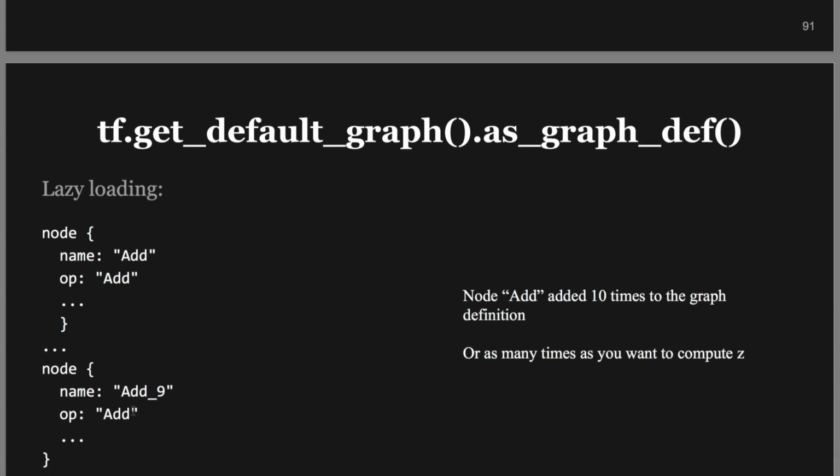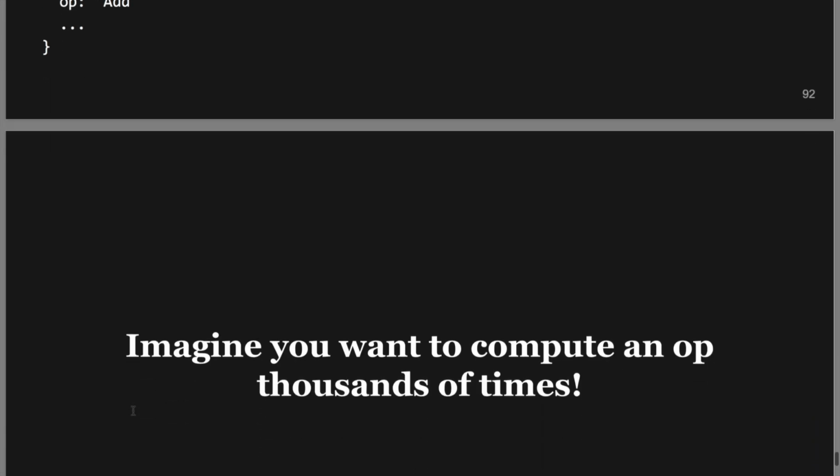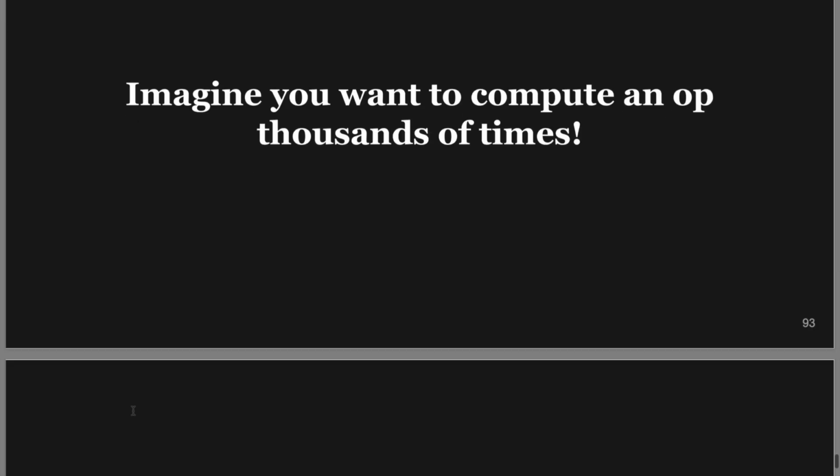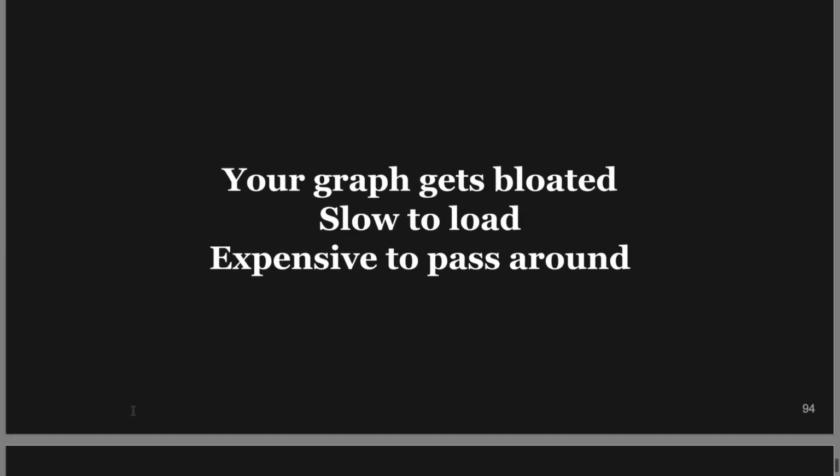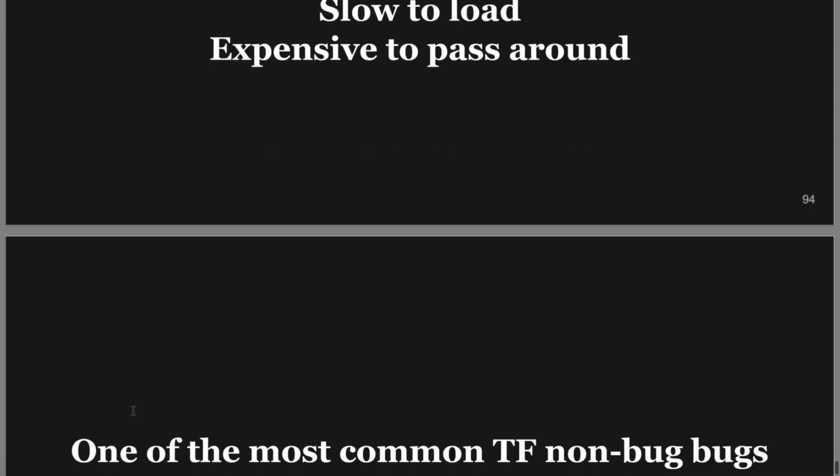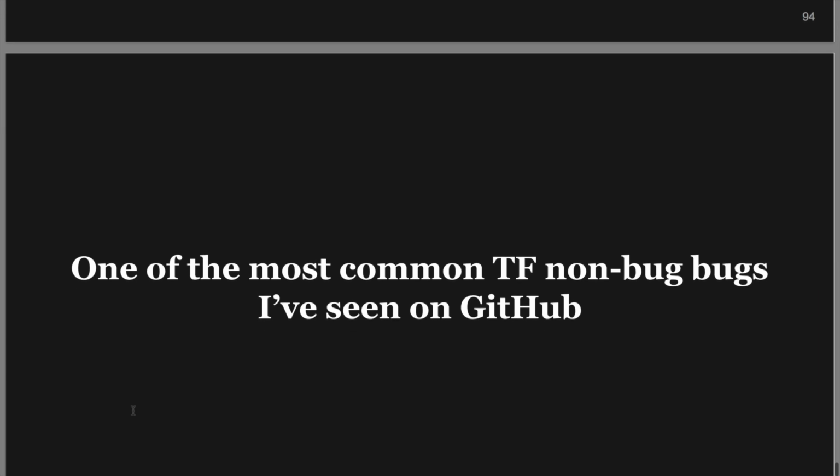So now you can imagine that if this loop was called like 1,000 times, your graph will just bloat up, and this is going to cause problems. It will be really hard to pass the graph around, save it, all that becomes hard.